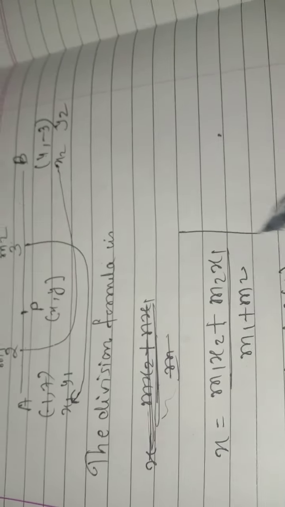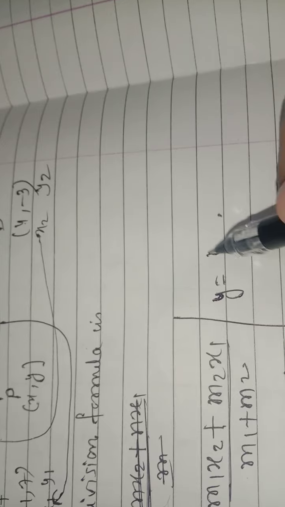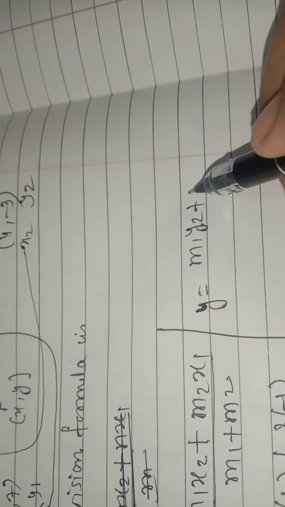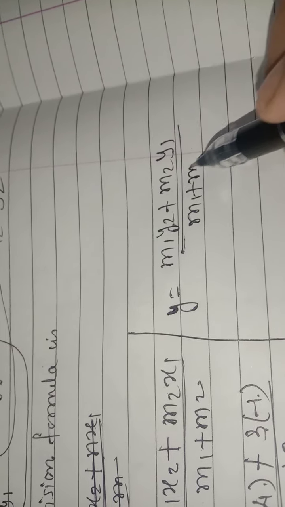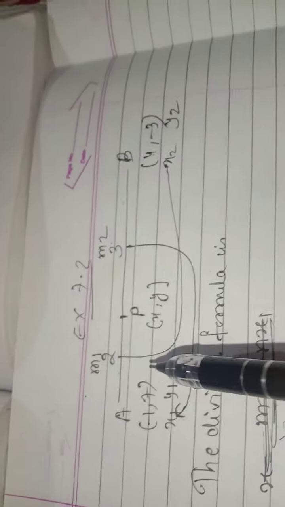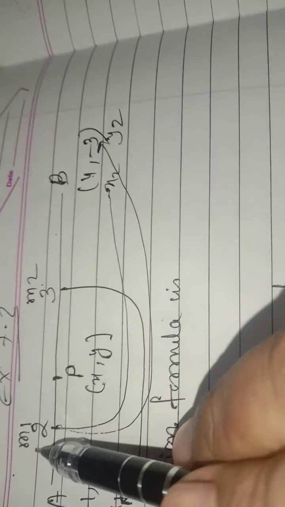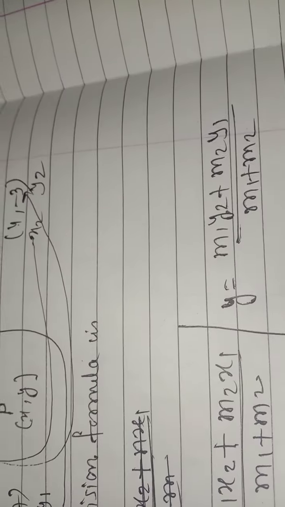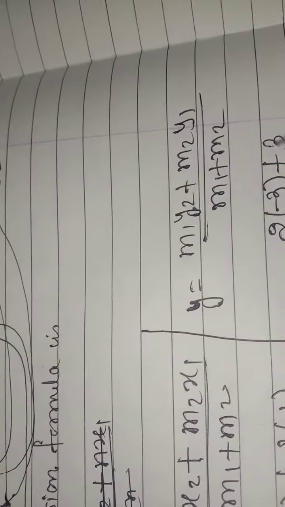Now we are going for y. So the formula is y is equal to (m1 y2 plus m2 y1) upon (m1 plus m2). Now once again m1 y2, can you see here, it is 2 into -3, plus m2 is 3 and y1 is 7.